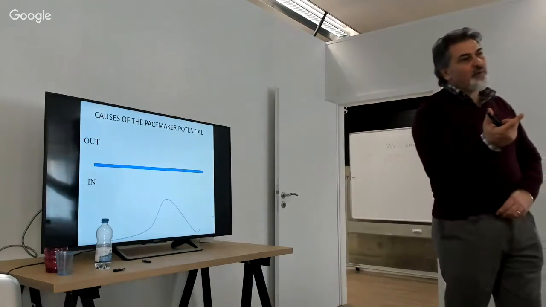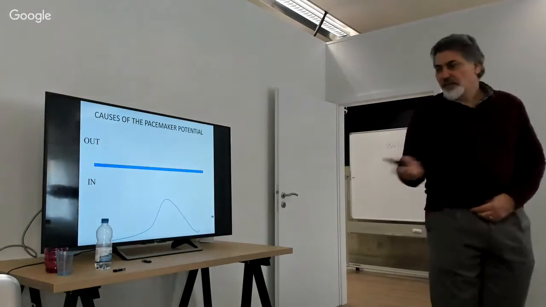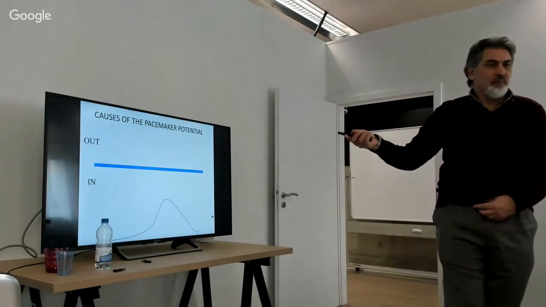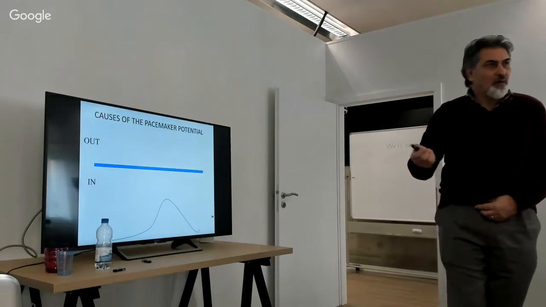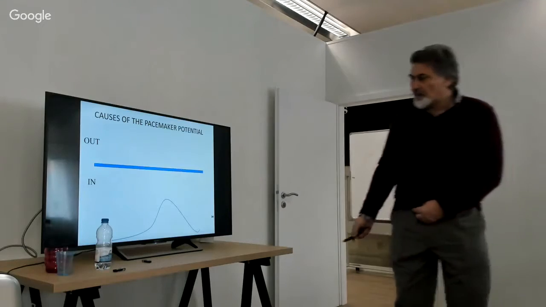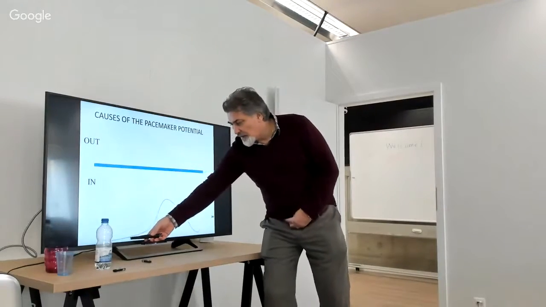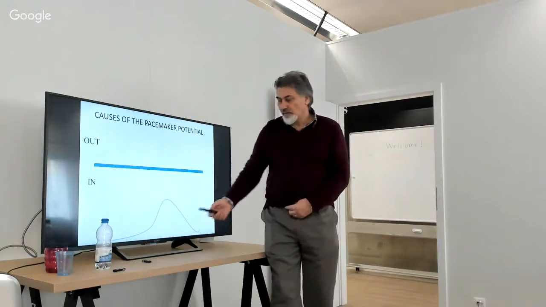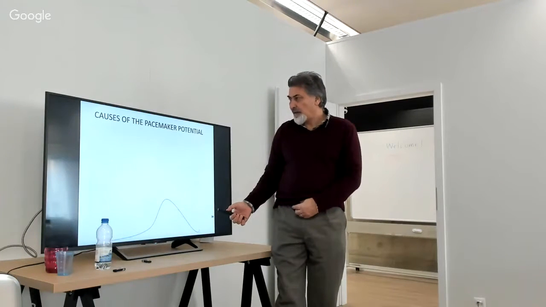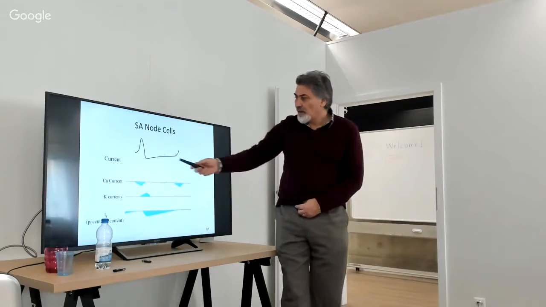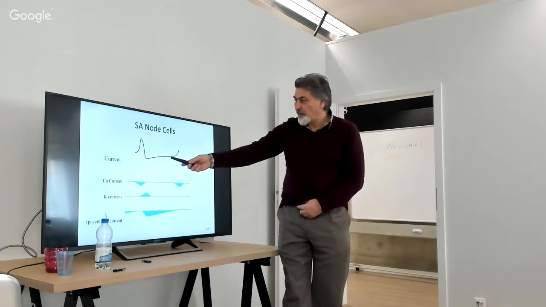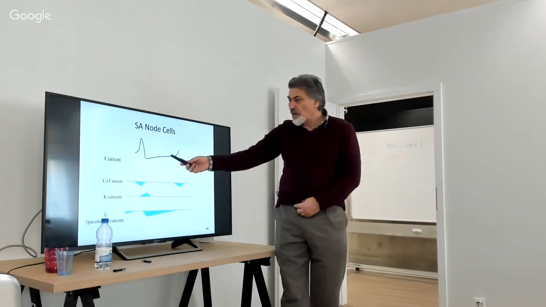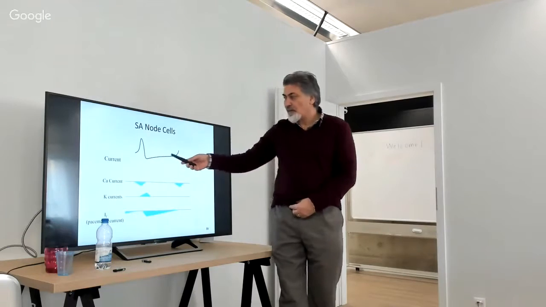If you remove the funny channels, you can have some of this, but not so frequently, and it will be less steep. This one is the prepotential. You need the funny current to have this.